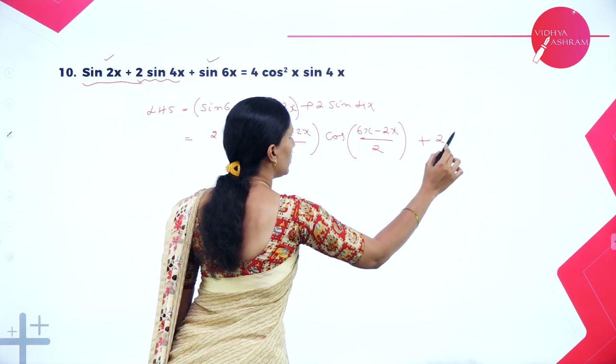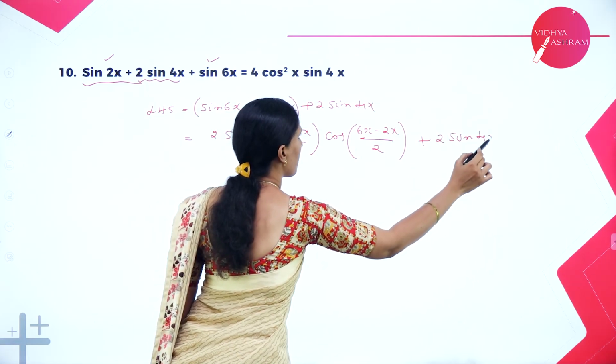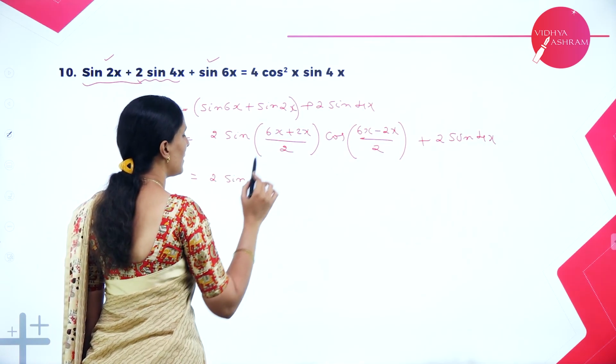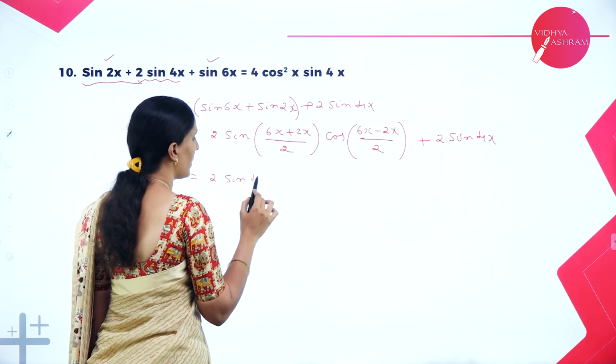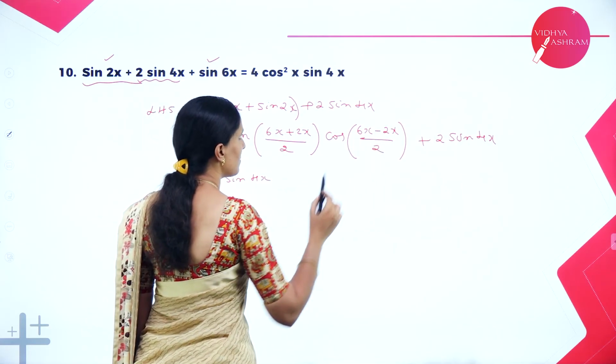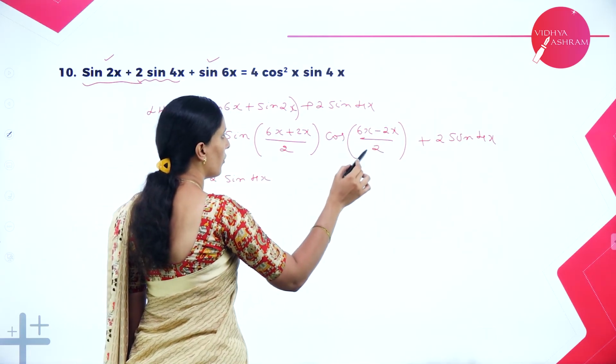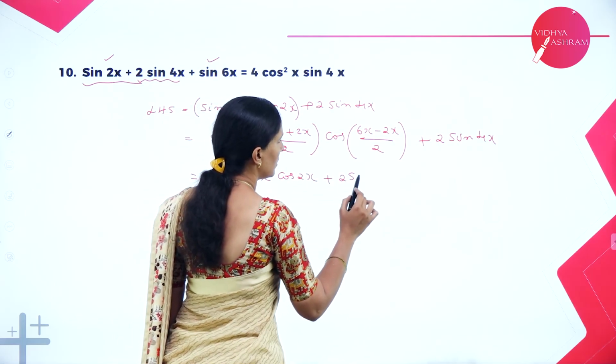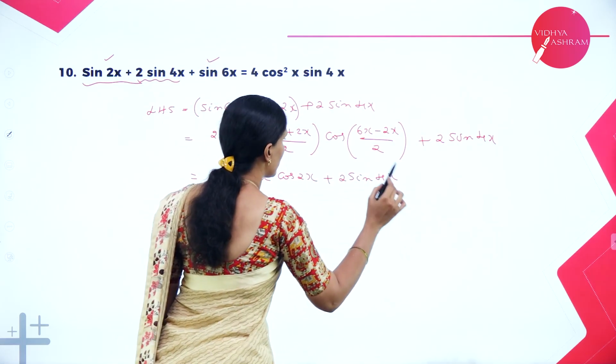And here we have 2 sine 4x. Now 6x plus 2x is 8x, 8x by 2 is 4x. 6x minus 2x is 4x, 4x by 2 is 2x. And here we have 2 sine 4x.